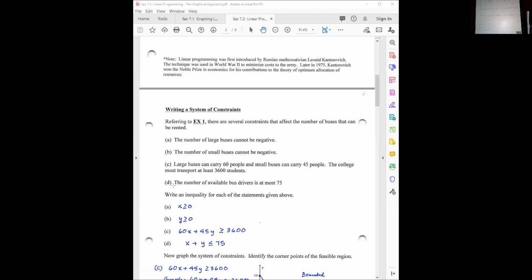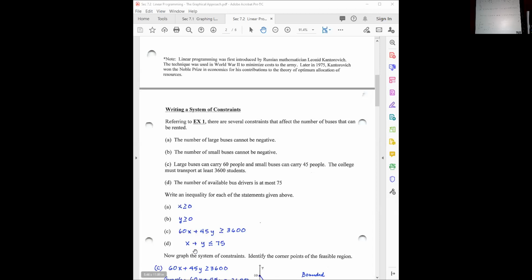Now D, the number of available bus drivers is at most 75. So each bus needs to have 1 driver, right? Obviously. So the number of large buses and the number of small buses cannot be greater than 75 if I have 75 drivers. Because if I have 80 buses, I don't have enough people to drive them, correct?